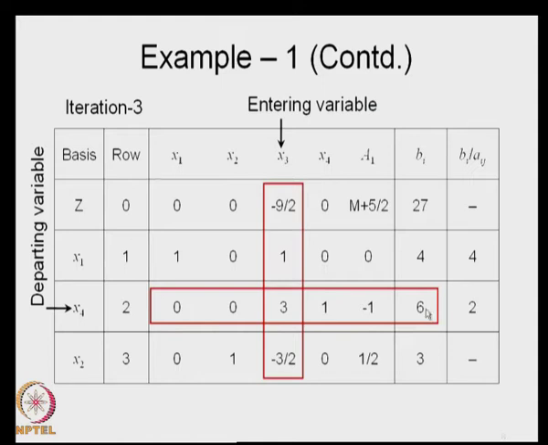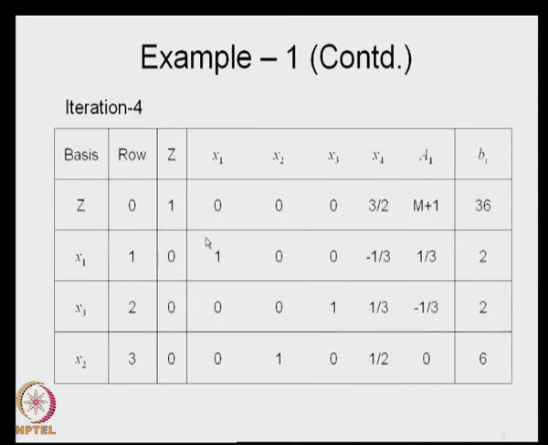Again do the calculation, you will see that there is still one more negative variable, minus 9 by 2, and therefore, this becomes the entering variable, and then x 4 becomes the departing variable. Your basis then becomes x 1, x 3 and x 2 in the next row. You in next calculation again redo the transformation and so on, and go to the next table.